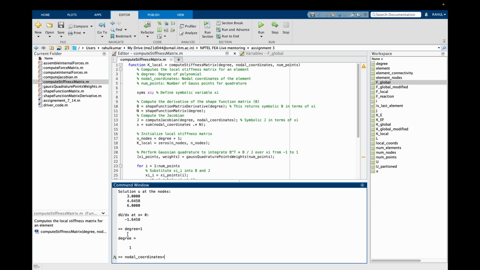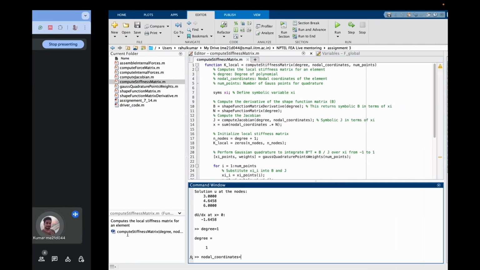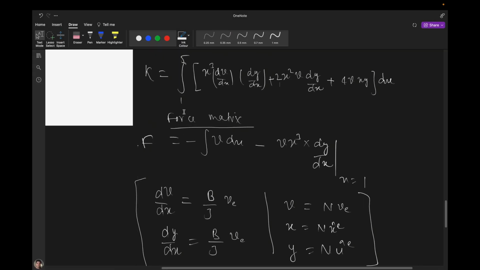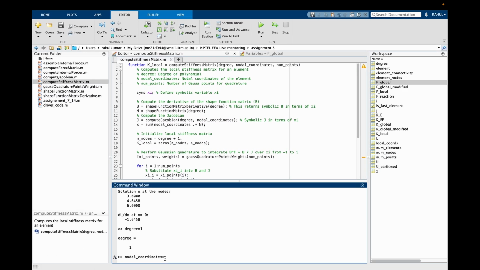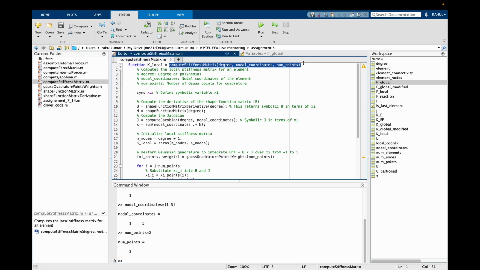Nodal coordinates it is saying only 1 to 5. Okay, so nodal coordinates will be 1 and 5. Okay, and what is the number of points? Num points will be 2. Fine. Okay, now I will run this function.